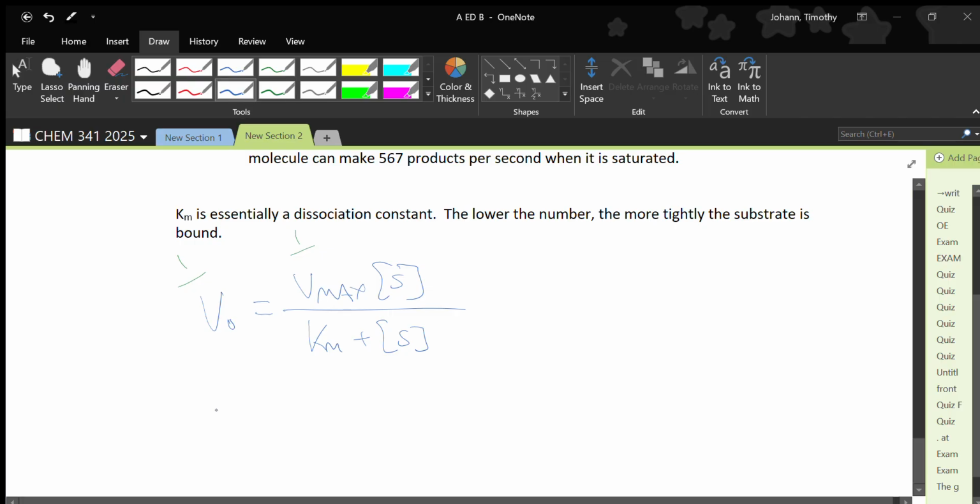And then we end up with an equation that gives us a line. So essentially 1 over V naught is going to be Km over Vmax times 1 over substrate concentration, plus 1 over Vmax.